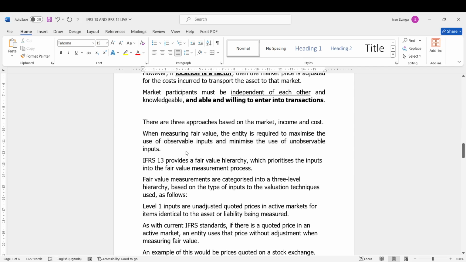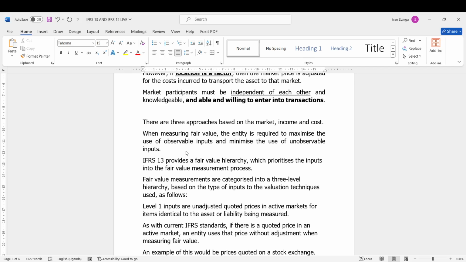But since this is a hierarchy, in situations where we do not have observable inputs or an active market, say you want to value MTN shares, you have them on the stock exchange. But assuming you want to value Airtel shares, they are not on the stock exchange, but you have MTN.